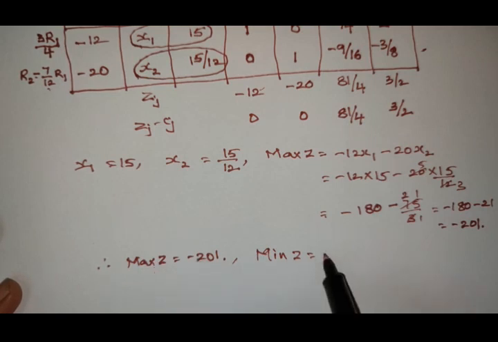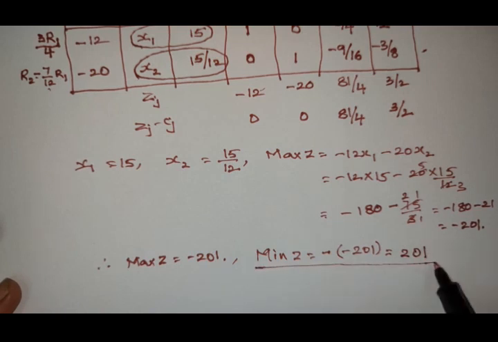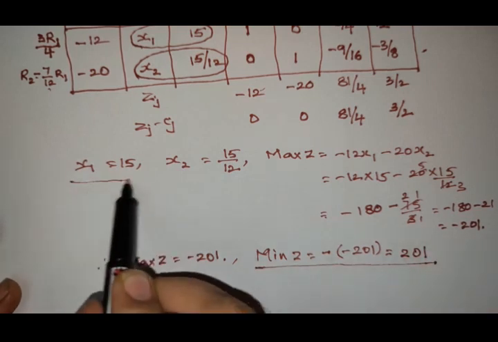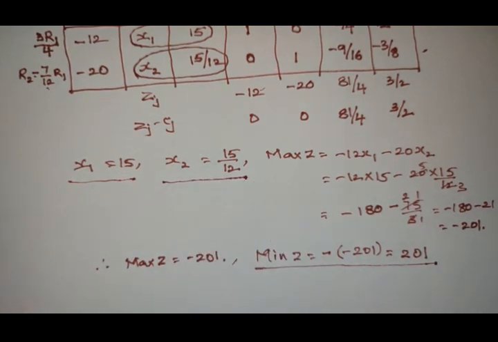So if you multiply this with minus, you will get 201. So minimization z is 201, x1 is equal to 15, x2 is equal to 15 by 12. This is the answer for the given problem if you solve it by the Big M method, or if you solve by any method, we will get the same answer.